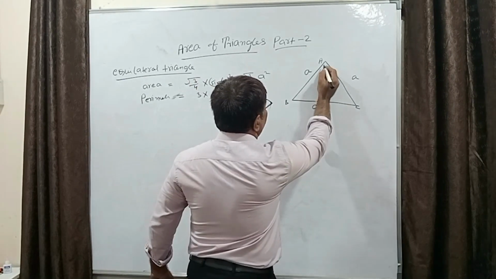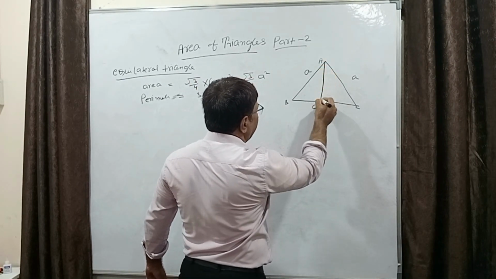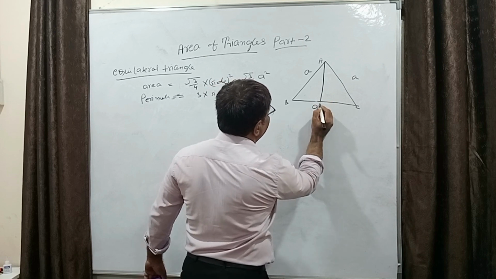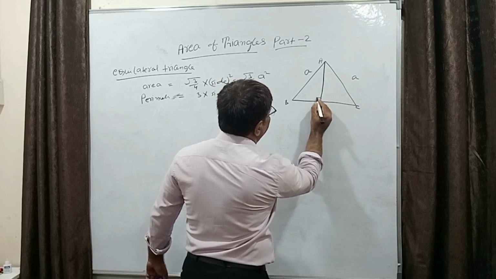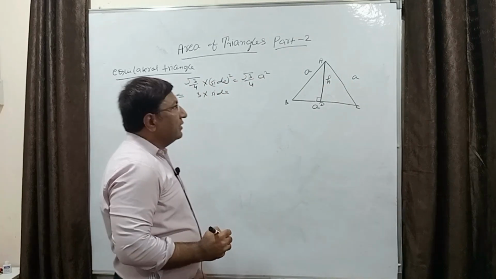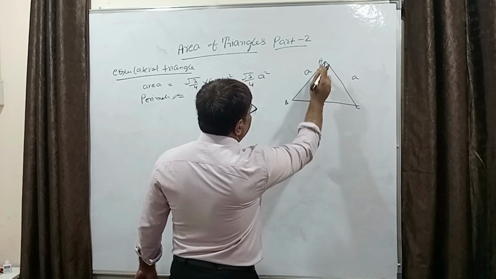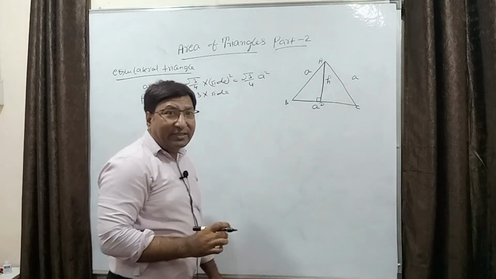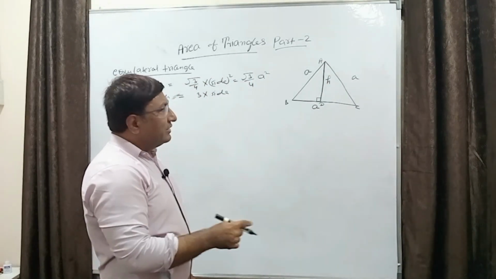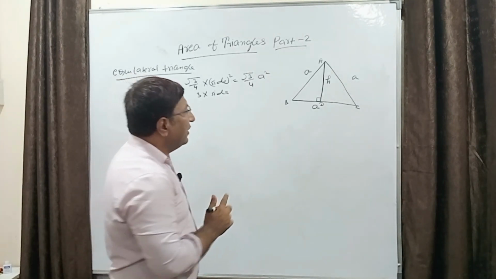In the same way, suppose we draw a perpendicular from the vertex A to the opposite side. That is, AD is perpendicular on BC. So it is the height. The perpendicular from the vertex of the equilateral triangle divides the opposite side into two equal parts.